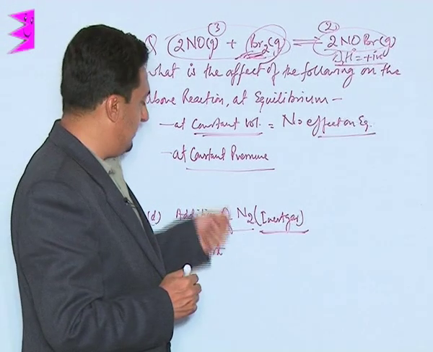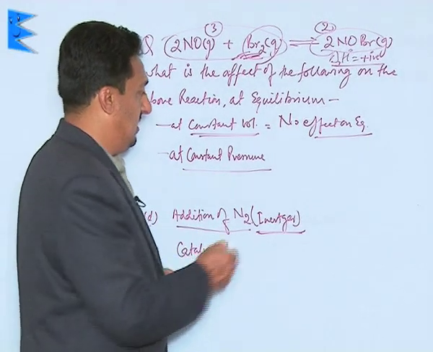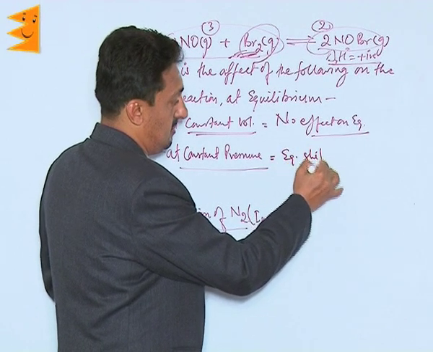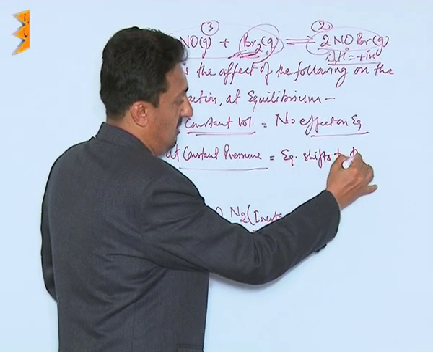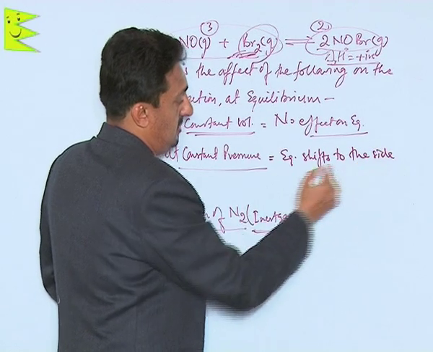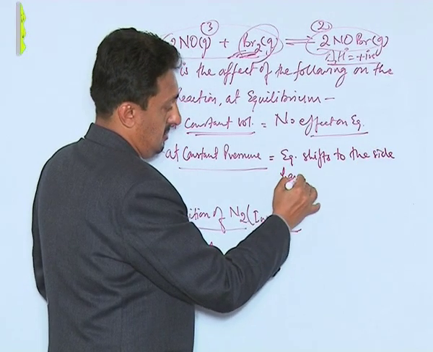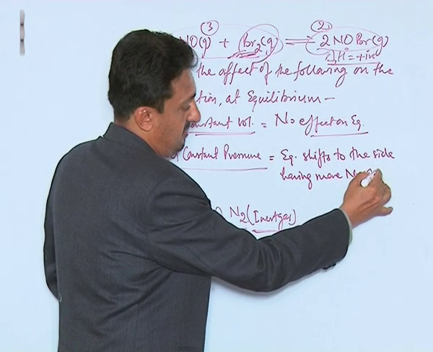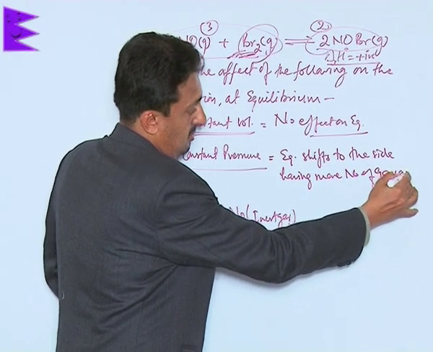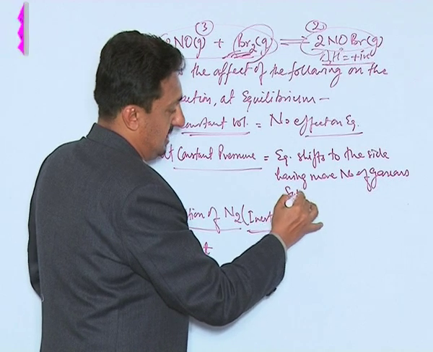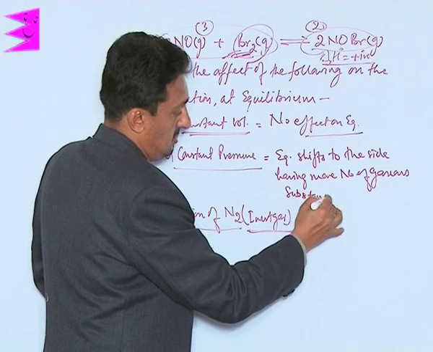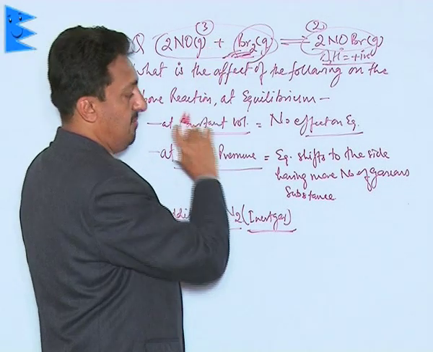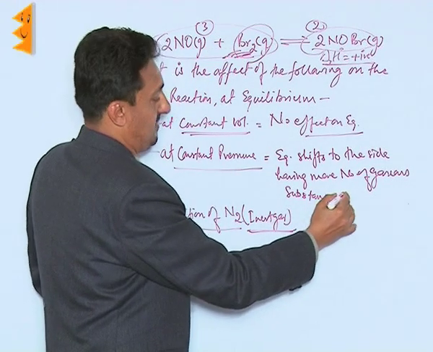So once this nitrogen is added at constant pressure, it means the equilibrium shifts to the side having more number of gaseous substances, and we know that on the reactant side we have more number of moles of gaseous substances.